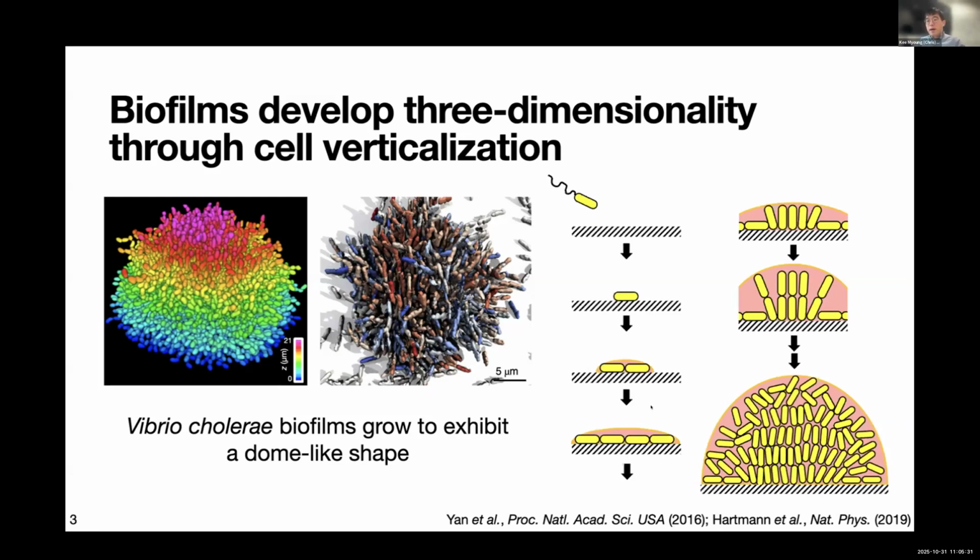Basically, the cells within the biofilm will initially develop as a horizontal monolayer, but the accumulation of pressure within the interior of the biofilm will cause the cells in the middle to stand up, to verticalize in this way, and project their offspring, to proliferate into the third dimension, thus forming this dome-like shape.